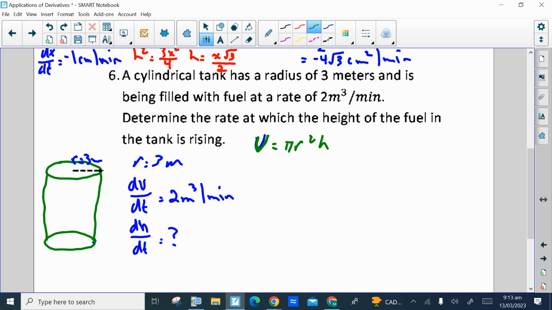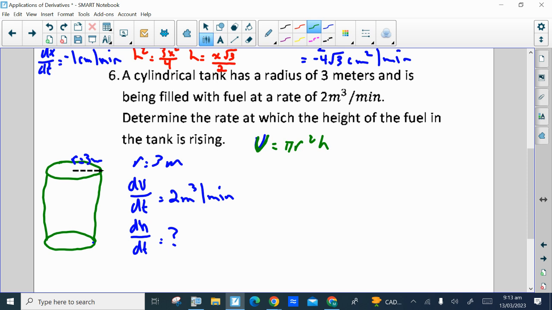The radius is a constant, that's not a variable. And we've got the variable h on the right, which we want to find dH by dt, so we need to keep that variable there as well. We only have two variables here, and that is volume on the left and height on the right. Again, r is a constant. It's not changing, so it's not a variable.